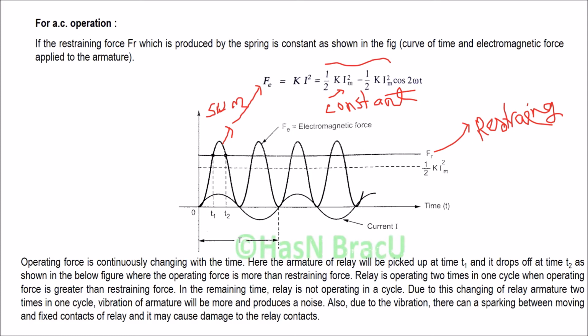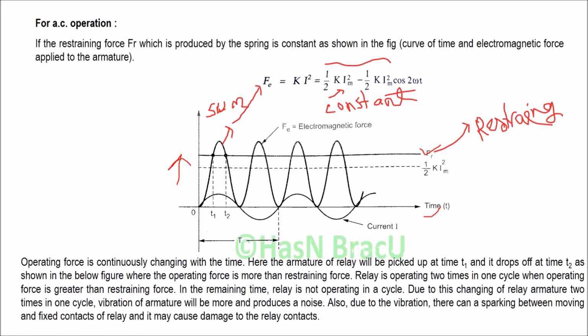The restraining force Fr, which is produced by the spring, is constant, which is shown by a line. Here the x-axis presents the time t and the y-axis presents the electromagnetic force applied to the armature.